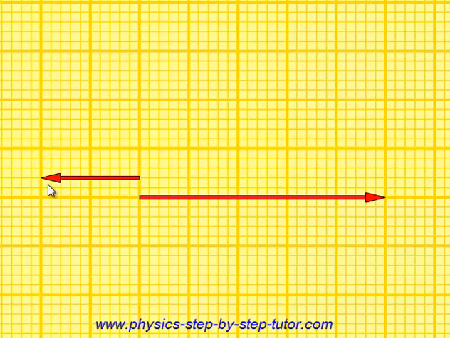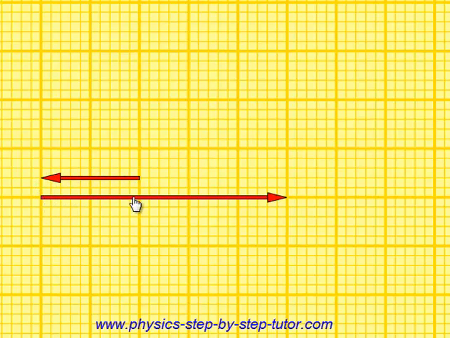So let's arrange the forces head to tail. I can take this force, slide it backwards like that. And remember, when I do that, then this becomes the starting point. So I started here.